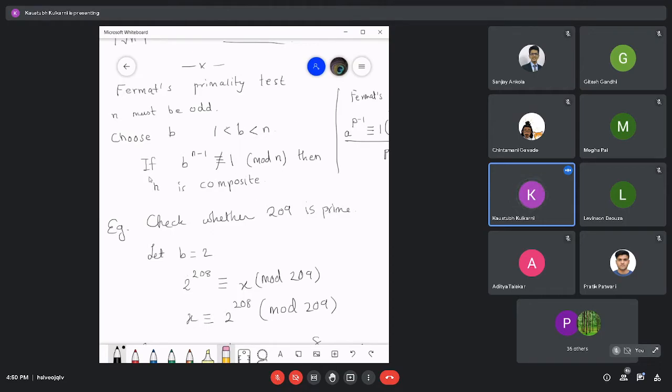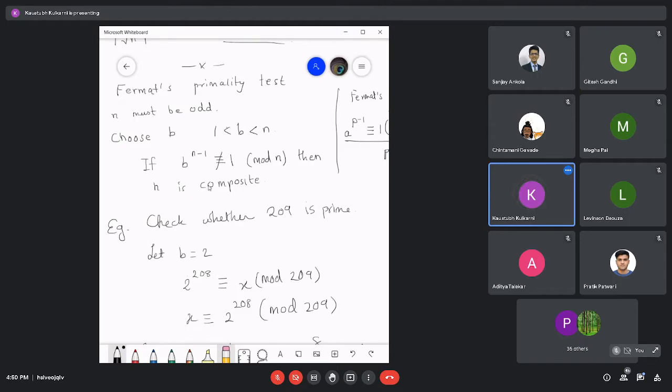The converse is that if b raised to n minus 1 is congruent to 1 mod n, then n is prime, or not composite.